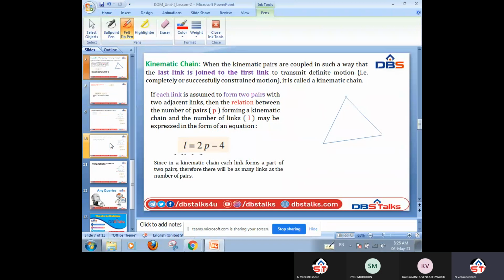Next content is the kinematic chain. What is meant by a kinematic chain? When the kinematic pairs are coupled in such a way that the last link is joined with the first link, it is a kinematic chain. Let us consider a chain or cycle. Cycle means wherever we started, we come back to the same point.